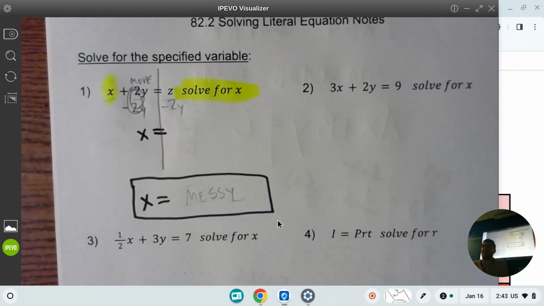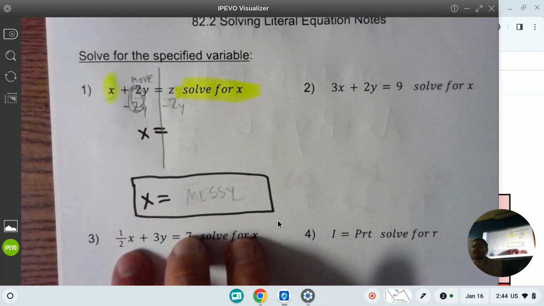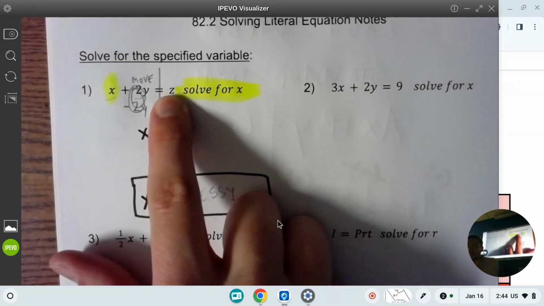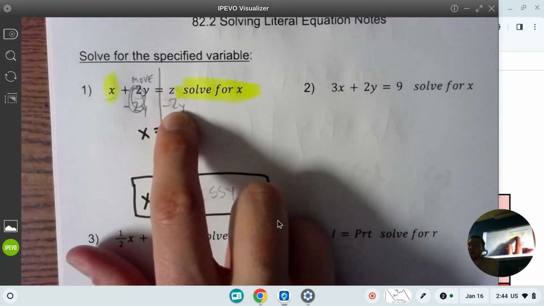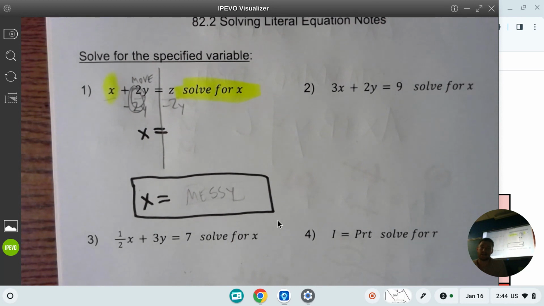The thing about this is that it's not new, it's not difficult, but this side is kind of messy, and a lot of times what that means is there's a couple different ways to write your answer. So for this question, there's a z minus 2y. Which one do you want to put first, the z or the y? It really doesn't matter, and you're going to have multiple choice questions, and so it might be one or the other.